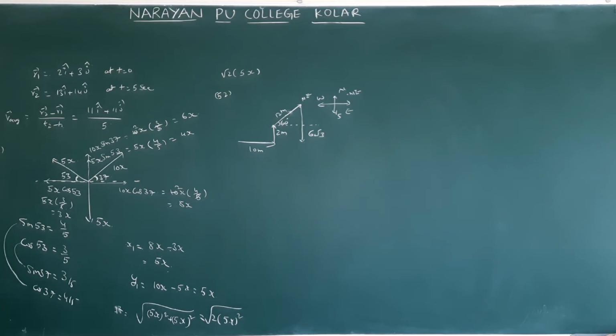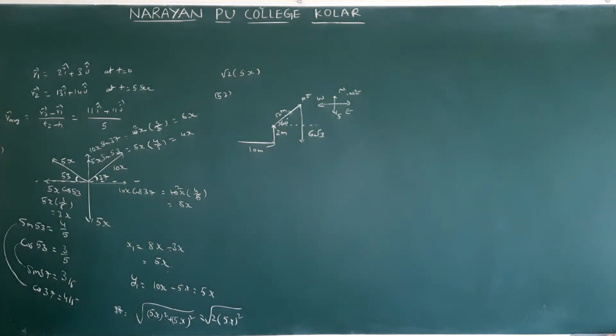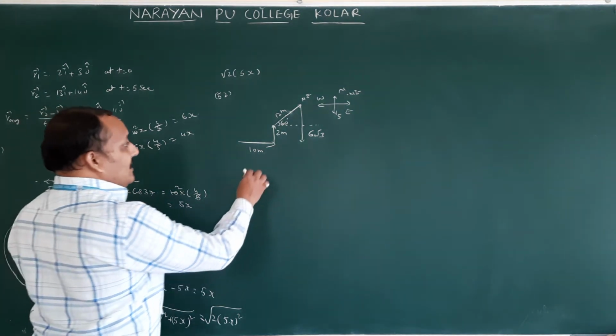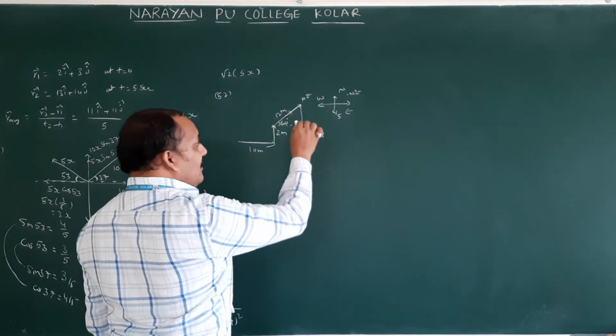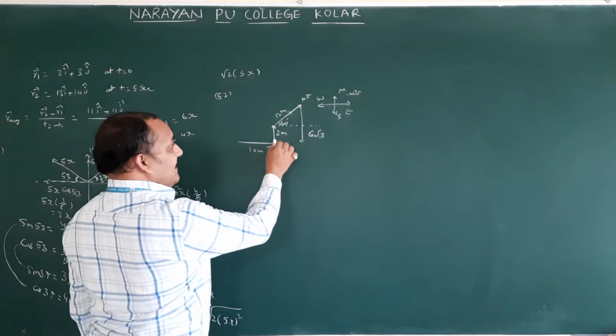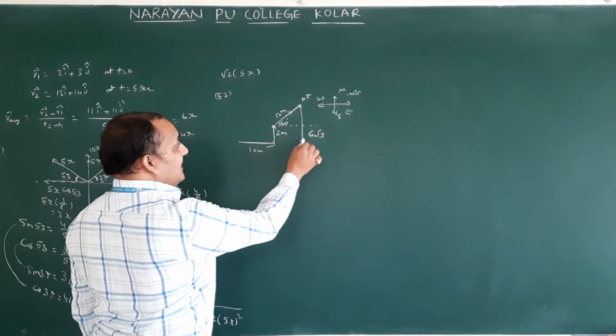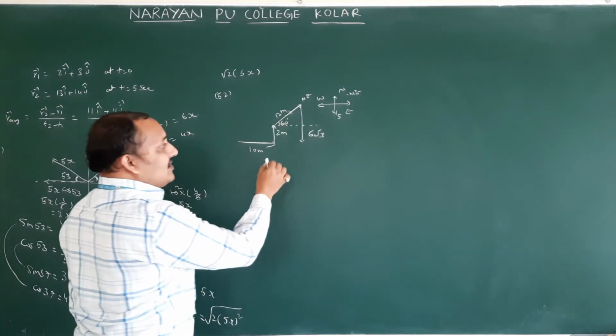Then what are they asking to find? Its displacement, so initial position and final position. Simply they are asking the magnitude, along x-axis and y-axis. First we will resolve this into two components, one along x-axis and one along y-axis. The 10 meters is already along x-axis. This 12 meters you can resolve into two components.